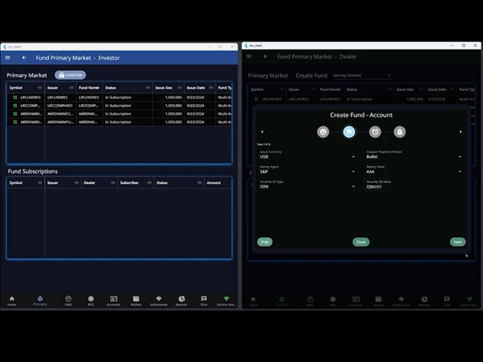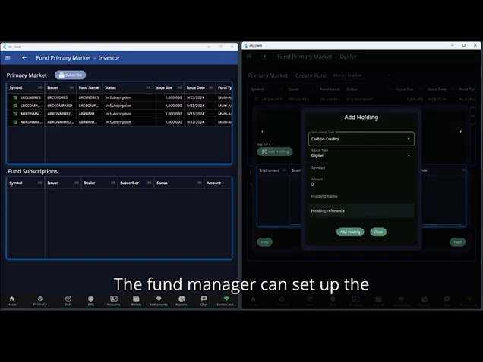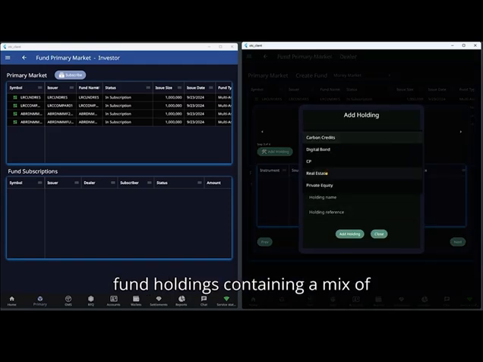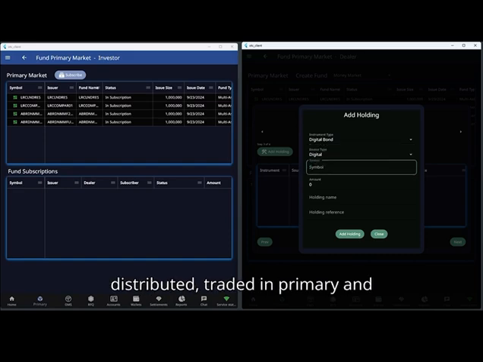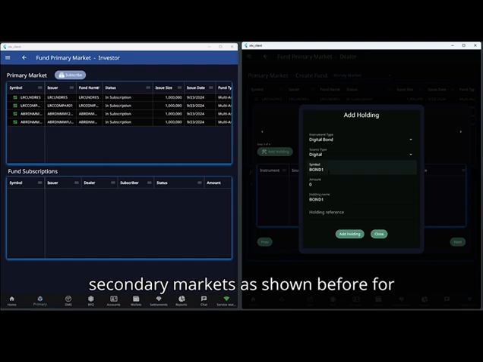The fund manager can set up the fund holdings containing a mix of traditional and digital assets. Finally, the fund can be created, distributed, and traded in primary and secondary markets as shown before for private equity.